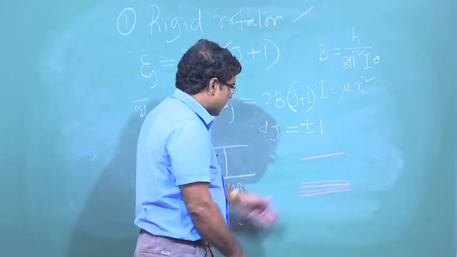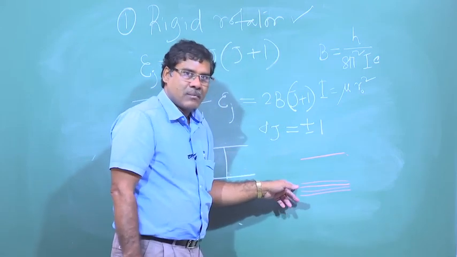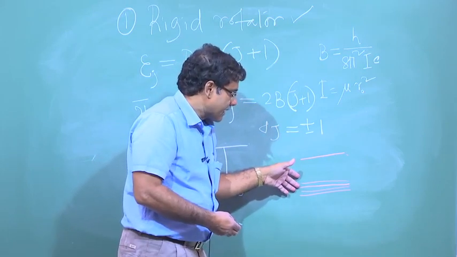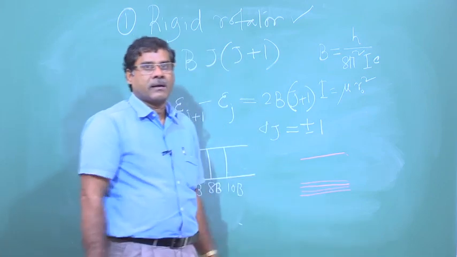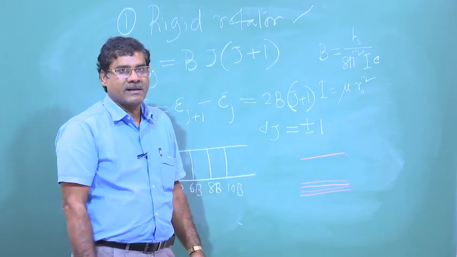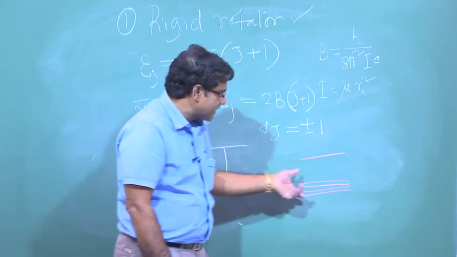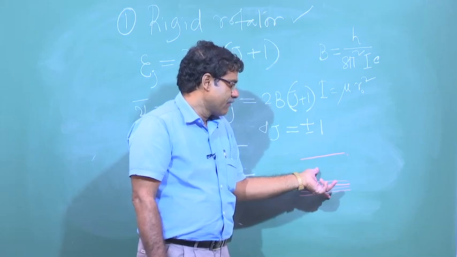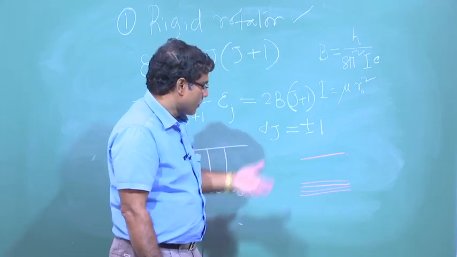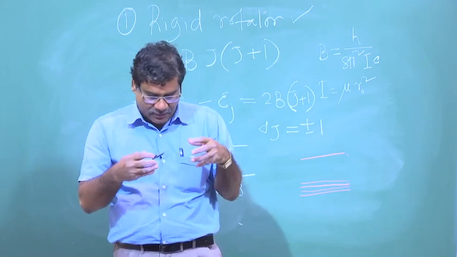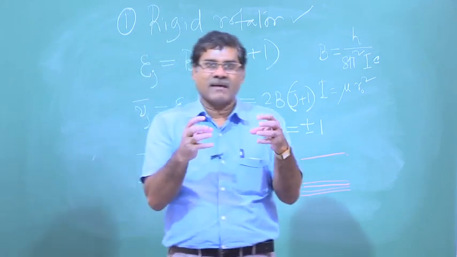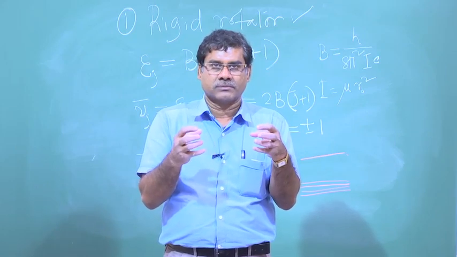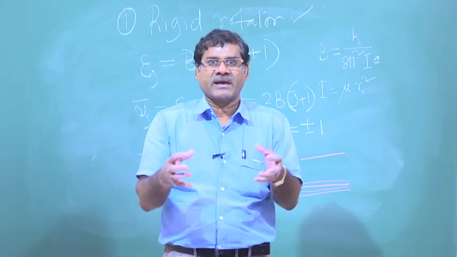So that means at that energy the molecule has a probability to stay that should be proportional to the degeneracy of the energy level as well as the energy of this level. One can think of it another way. Say I have taken an HCl molecule, so 100 HCl molecules.